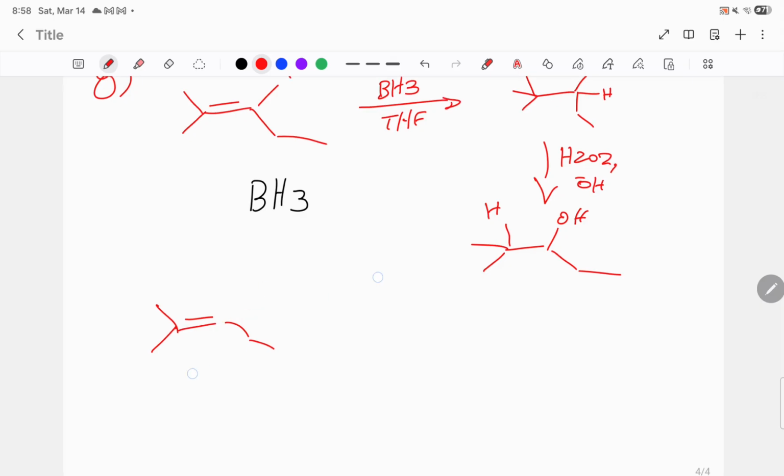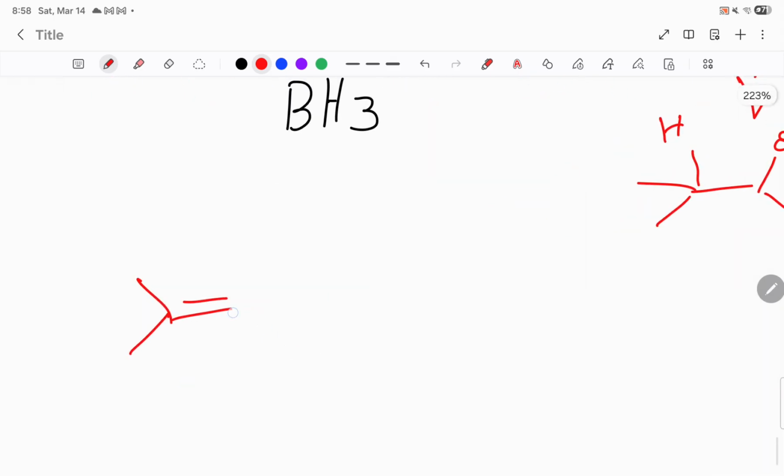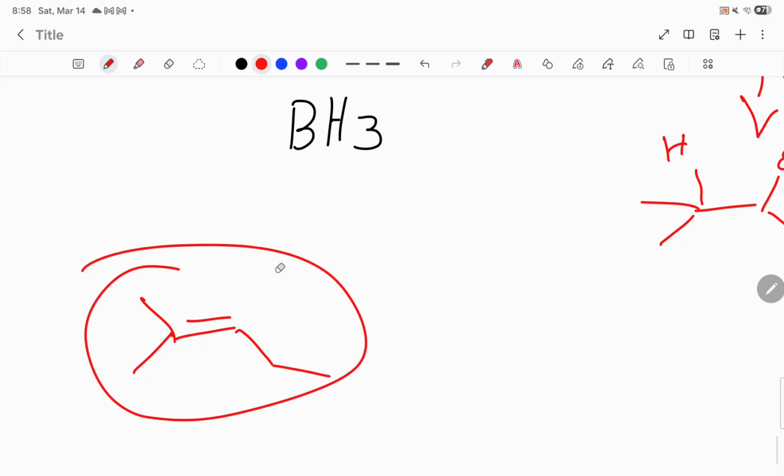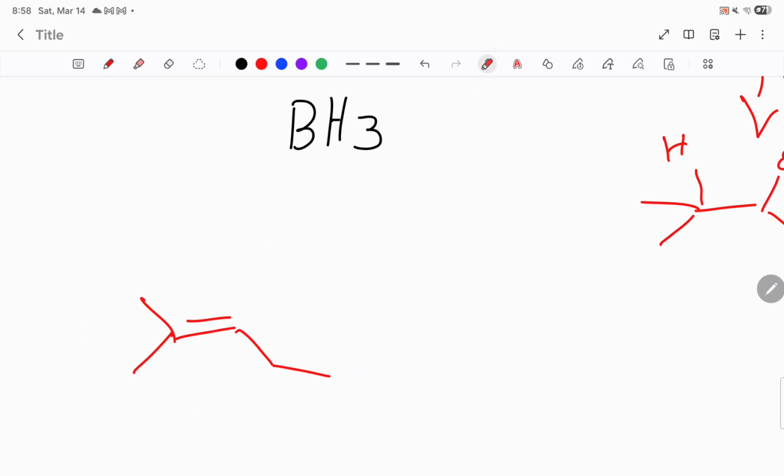Okay? So, understanding which one of these right now is the more substituted carbon. Well, remember, I said substitution pattern. Substitution refers to which one has the least hydrogen, right? Most substituted is the one that has fewer hydrogens because it has other substituents in the place of hydrogen. So this carbon right now is the more substituted because this one has one hydrogen, whereas this one has 0 hydrogens.